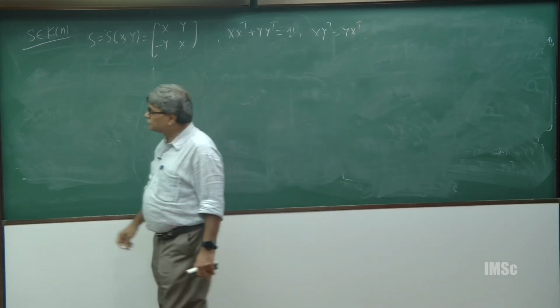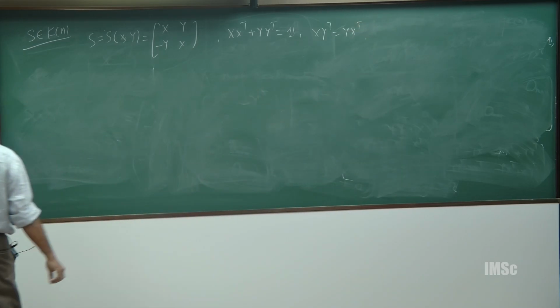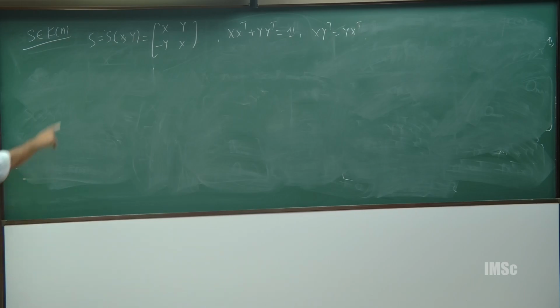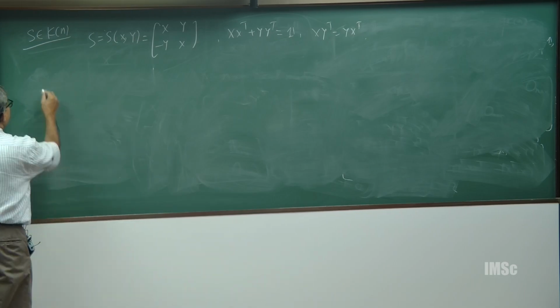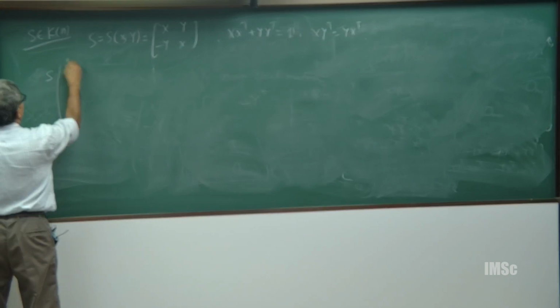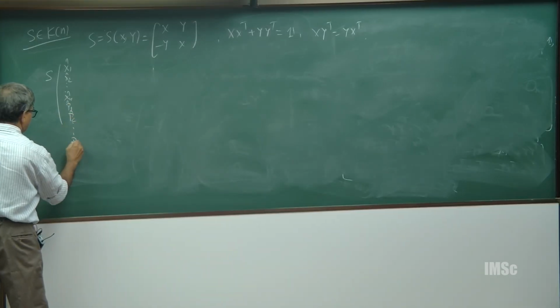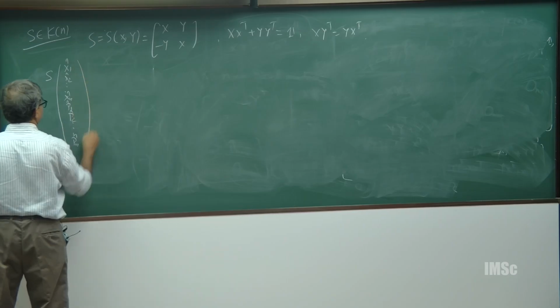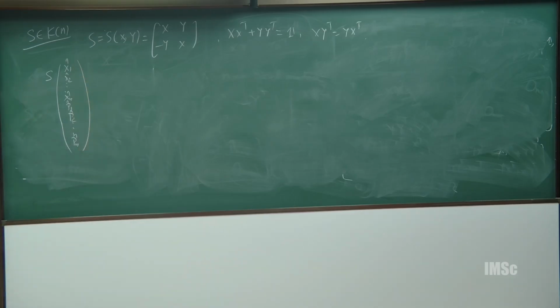This is fine. Now, let us say that, see, this is the symplectic transformation. Let us say it acts on this thing, x1, x2, xn, then p1, p2, pn, right.